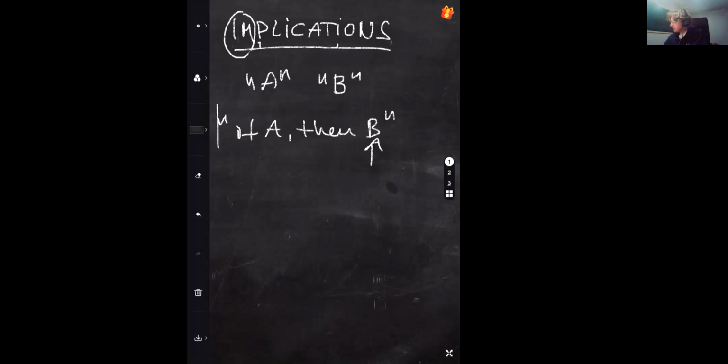So this statement is correct, or true, when B is true, and this statement is false when B is false. If, however, A is false, then this statement is always true, independently of whether B is true or false.